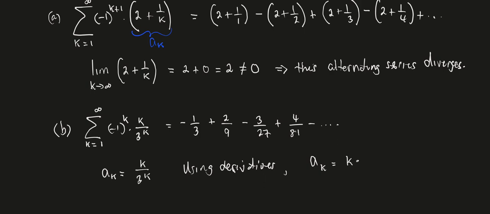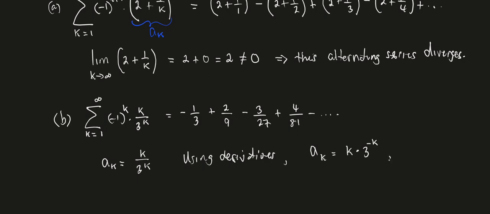So I'll write it as k times 3 to the negative k. Just bring up that denominator, change the sign. Now let's look at the derivative of this, right? And if we can identify a very key property about the derivative, that might tell us if the sequence is decreasing or not.